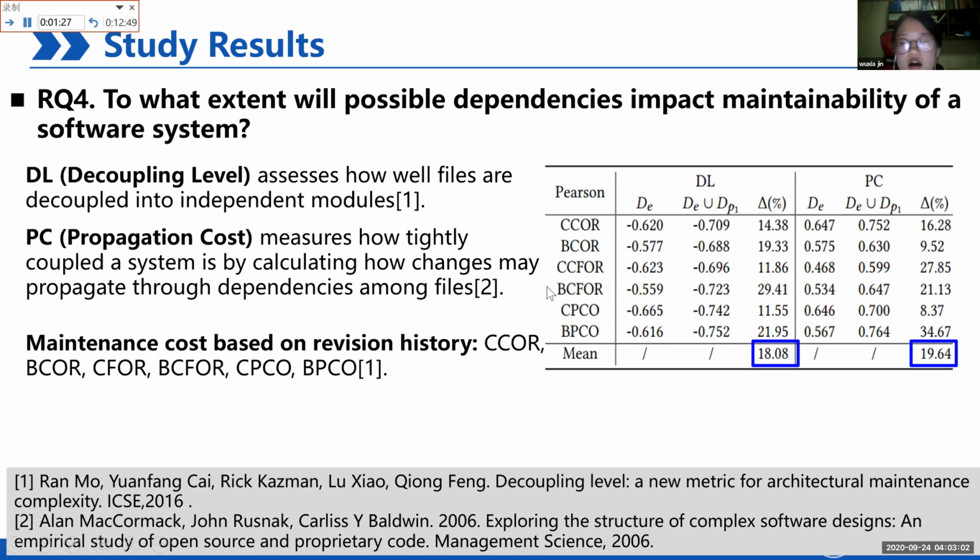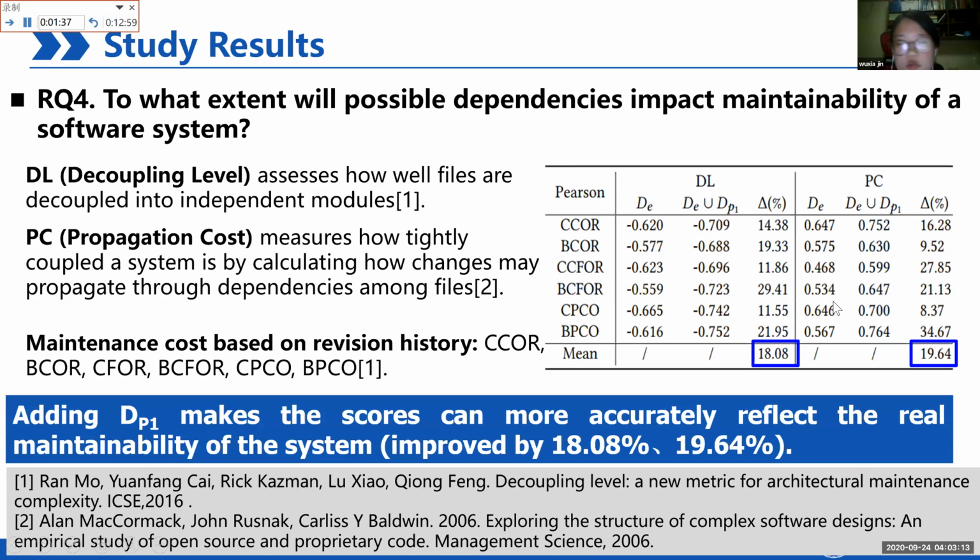Then we did a correlation analysis between the history-based ground truth and the dependency-based measures. Our results show that adding DP1 to DE makes the scores more accurately reflect the real maintainability of the system, because the correlation strength is improved both for decoupling level and for propagation cost.